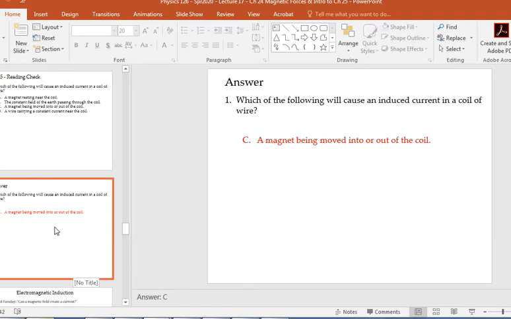This is a bit bizarre, I have to admit. It's not something that I would have ever expected, that just by moving a magnet we could get some current. But this is in fact the physics behind a generator: if we can get something to move, then we can make some electricity from that motion.